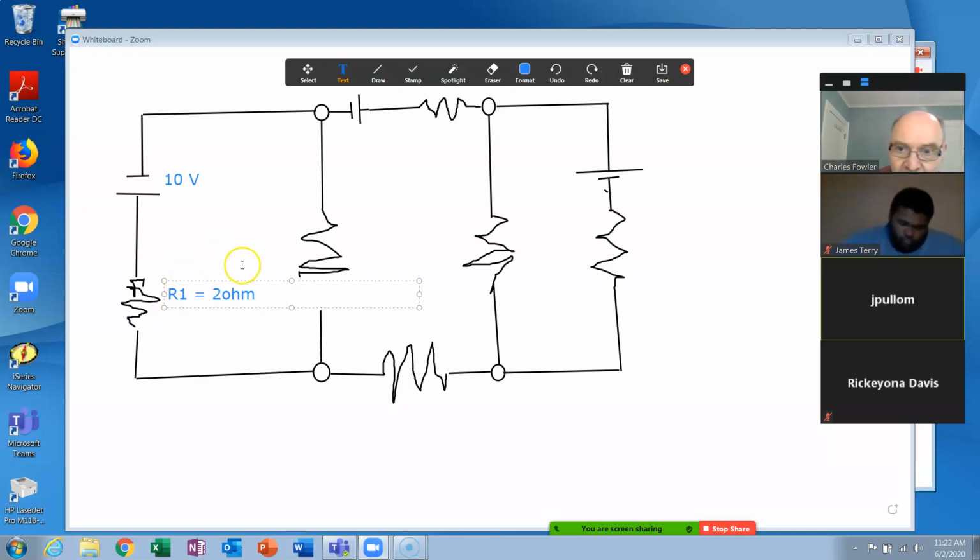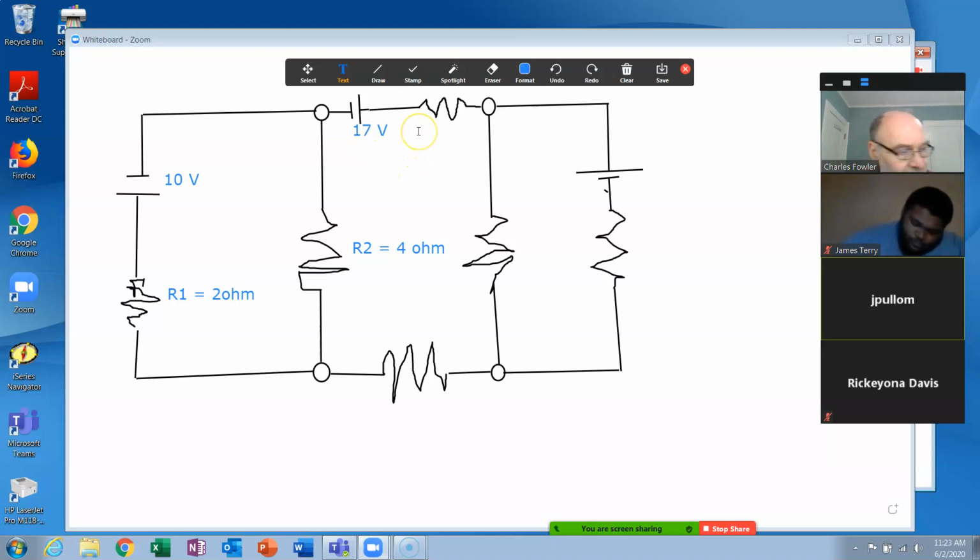Okay. Here's R2 right here. R2 is 4 ohms. I put a space in that one, I didn't before. This voltage supply up here is a 17 volt. Okay.